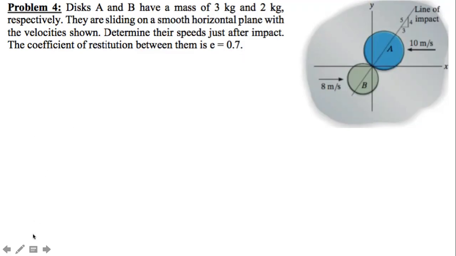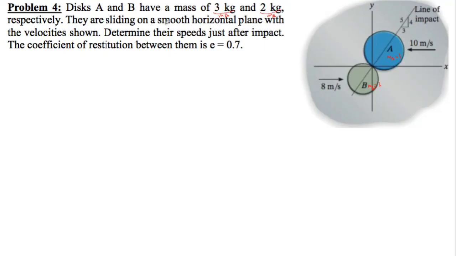The mass MA of the first disk is 3 kilogram, and MB is 2 kilogram. So this is MA, and this is MB.